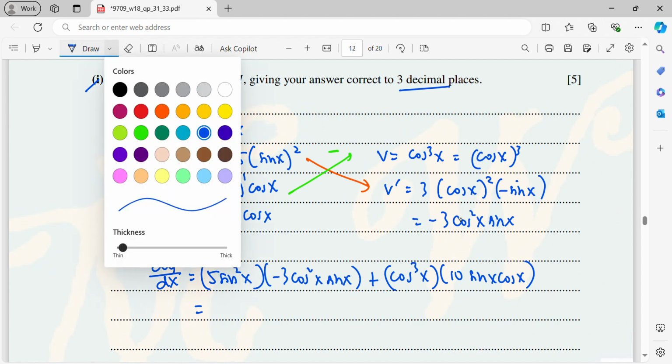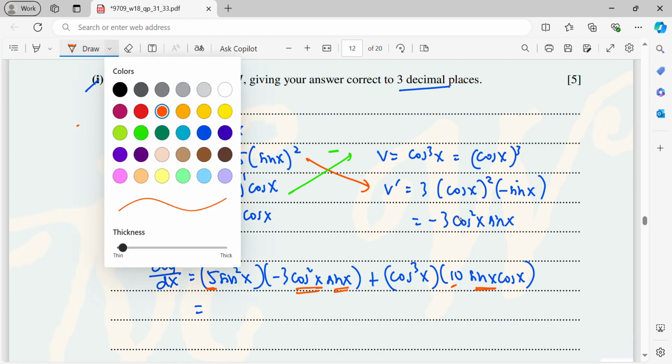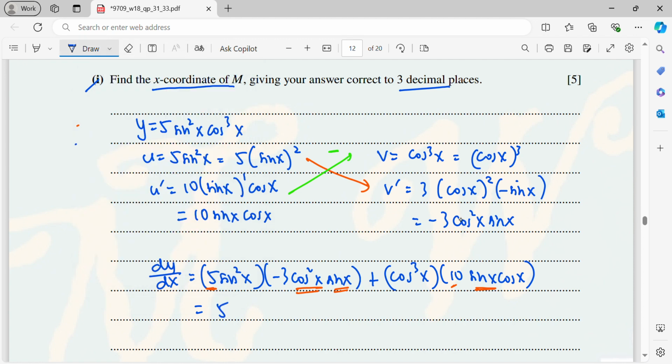Obviously, from here, the common factor is 5, because I can factorize 5 from 10. And then here is the sin, followed by cos²x. So all these are the common term. That means you will be getting 5 sin x cos²x. Factorize this first.